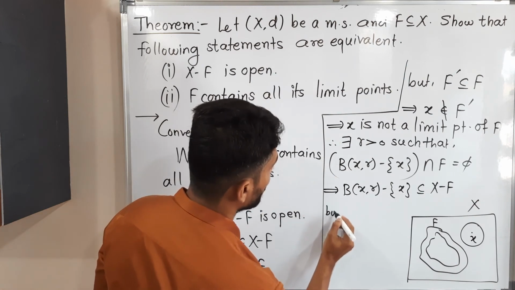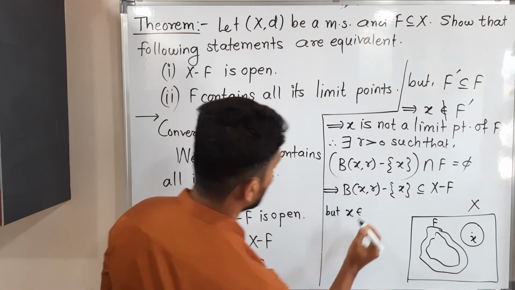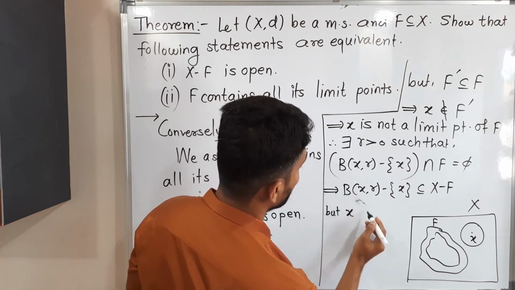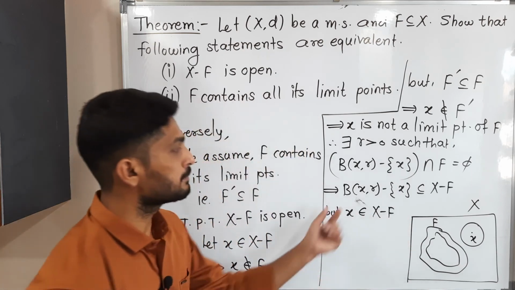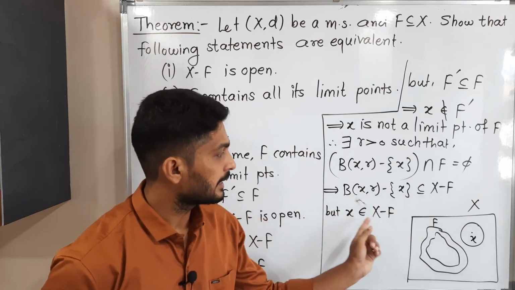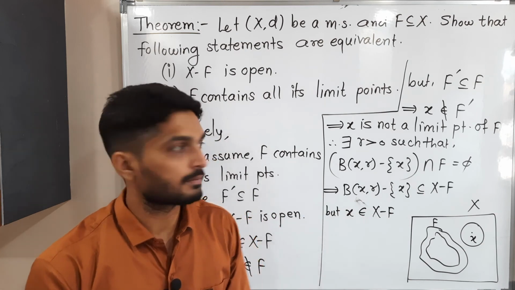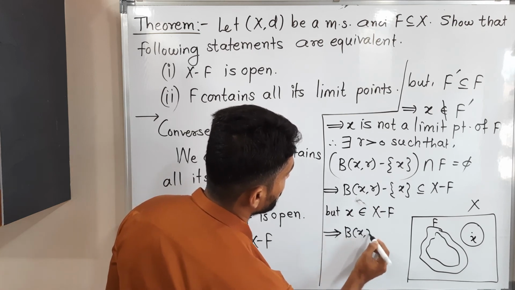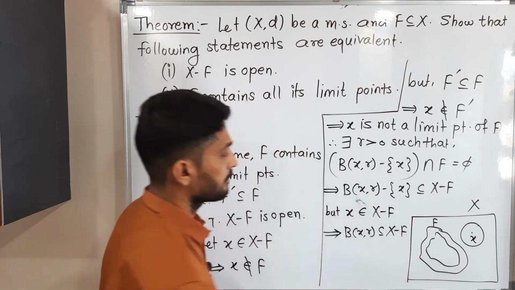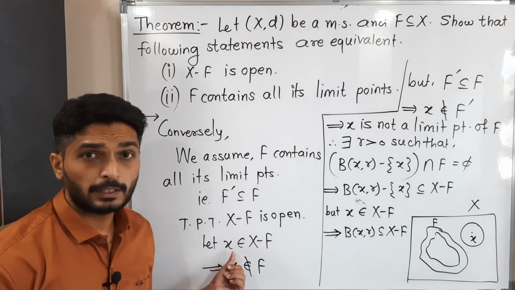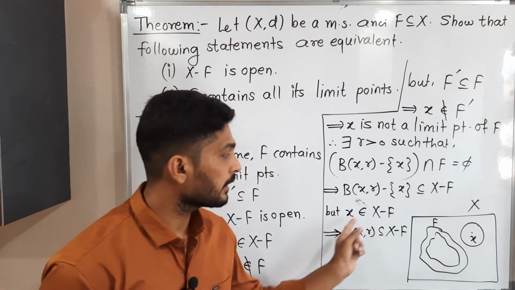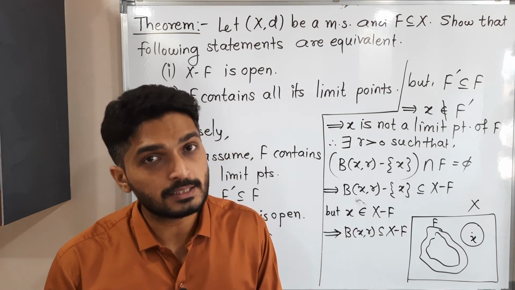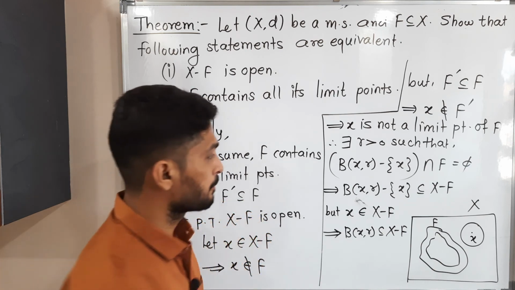Getting? See, but we had taken x from where? We had taken x from X minus F, okay, sorry, x belongs to X minus F. That means B(x,r) is a subset of X minus F. That singleton x is also in X minus F. That means both of them are in X minus F. So therefore we can write B(x,r) subset of X minus F. So we had taken one arbitrary point and we could find a ball around that point which entirely lies inside X minus F. Therefore we can declare X minus F is an open subset of (X,d).